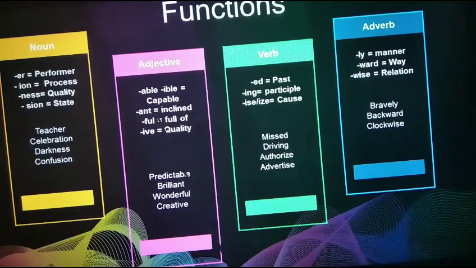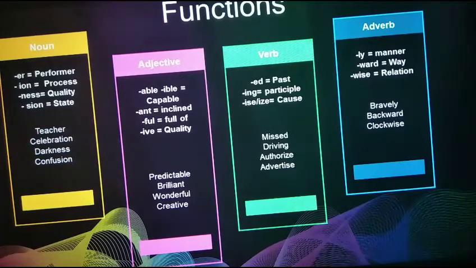We have ful when someone is full of, and we have ive that is a quality. We have predictable to indicate a capability. We have brilliant, which is when someone is inclined to be bright. We have wonderful when someone is full of wonder, and we have creative, which is the quality that somebody has for creating things.